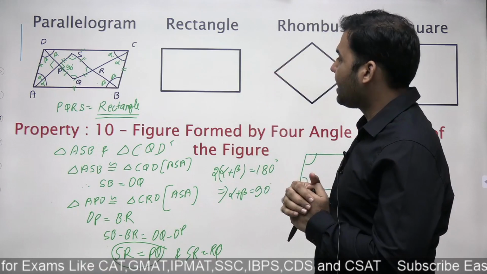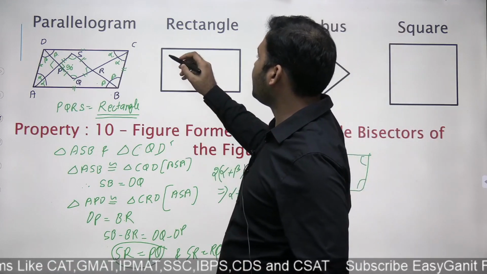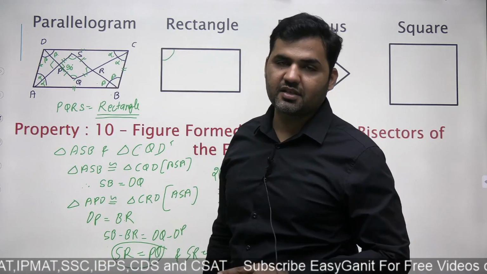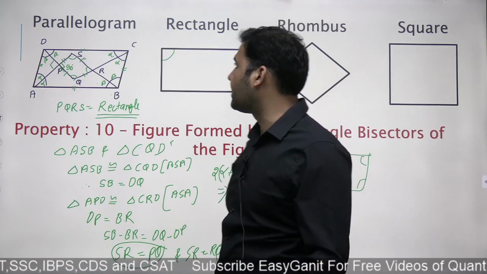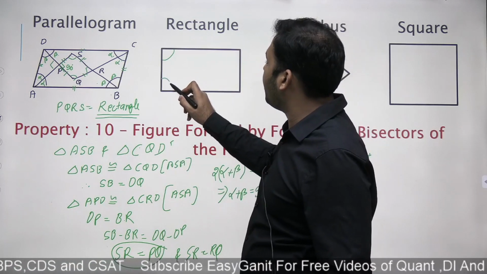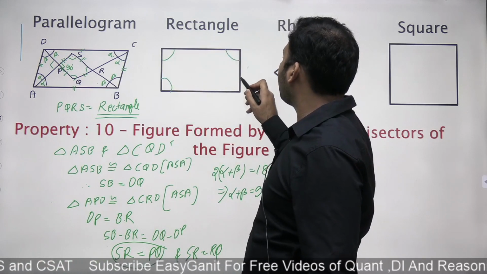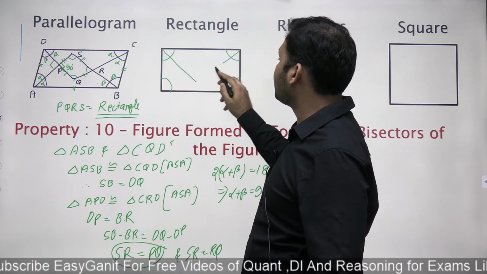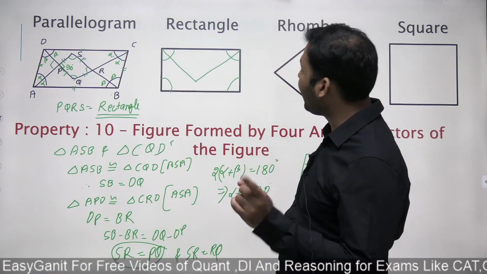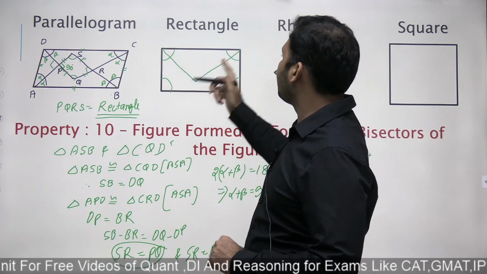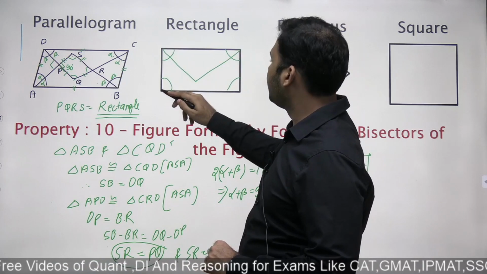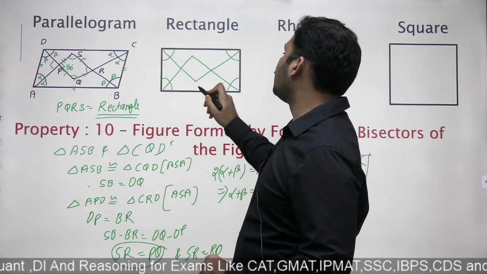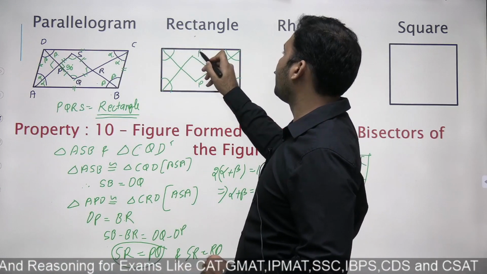Now let's talk about the rectangle here. What is the case of a rectangle? We know that the diagonals are not the angle bisectors in a rectangle. We have already proved that in the previous property. So if I draw all four angle bisectors of the rectangle, these angle bisectors will definitely meet at these points. Now for this figure PQRS, we are supposed to find out what its shape will be.